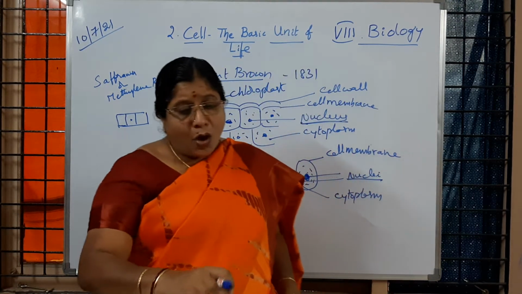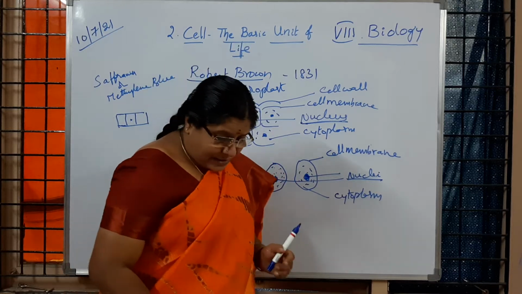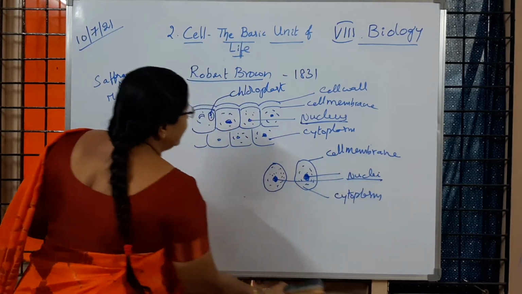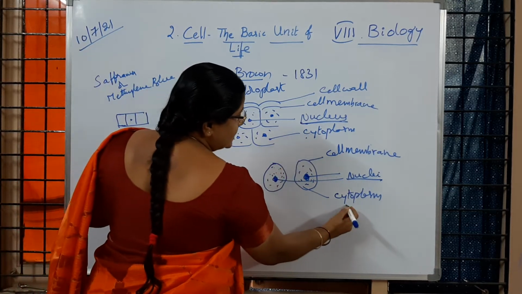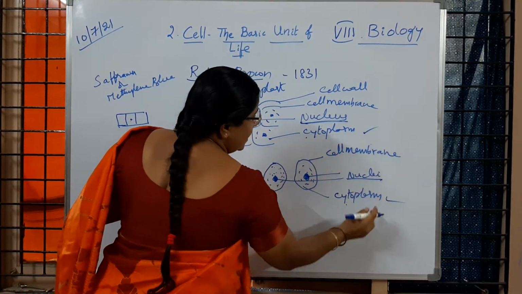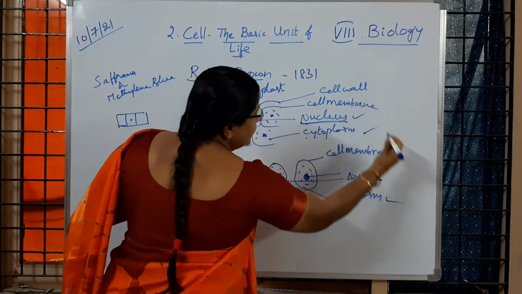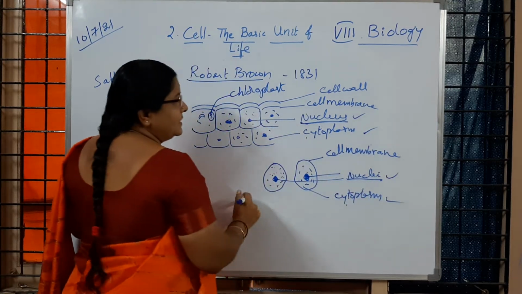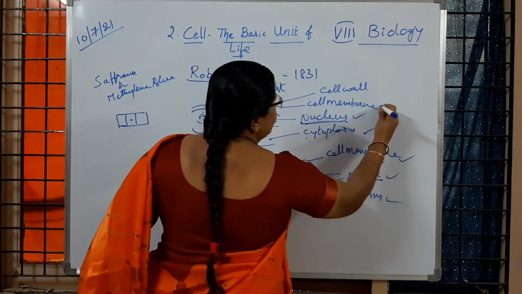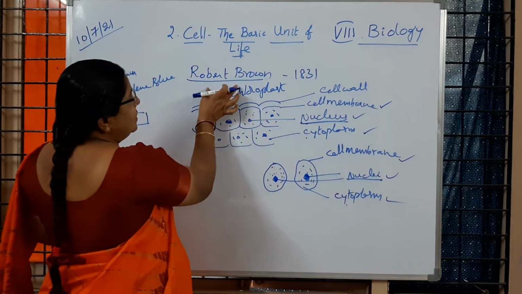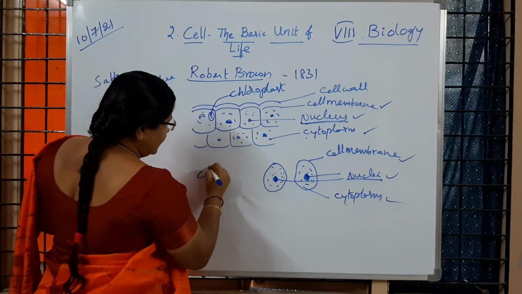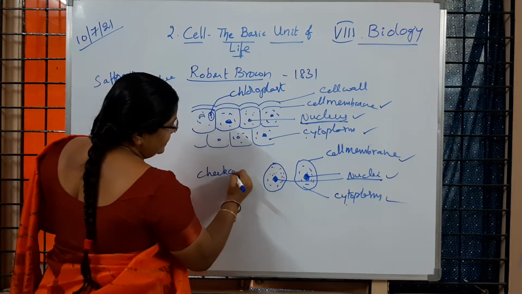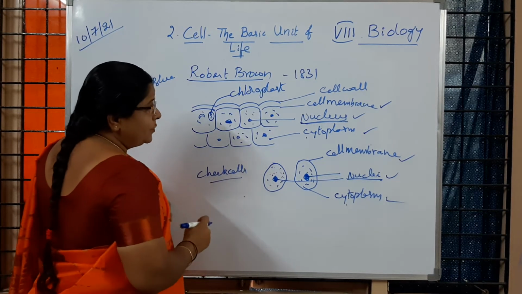So now what are you going to understand with these two activities? No doubt you are observing cytoplasm commonly seen, the nucleus is present here, and the cell membrane is also present. So this is onion peel cells and this is cheek cells of human beings.